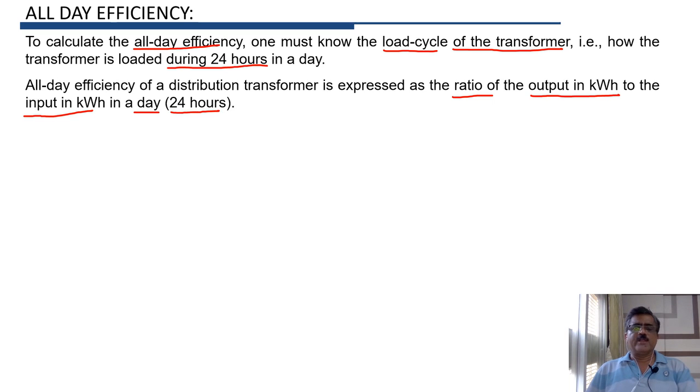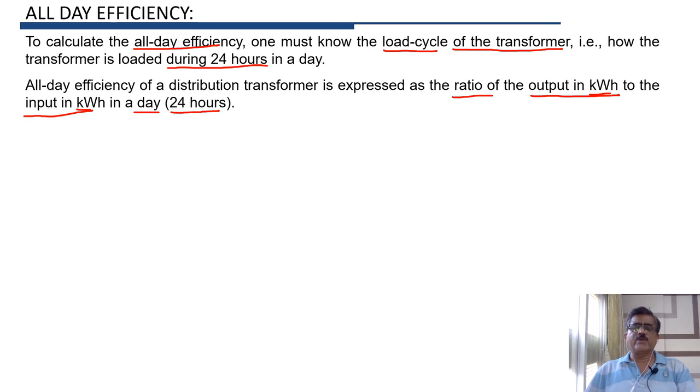Now, in ordinary or commercial efficiency, we use output in kW or output in watt, whereas the input is also in kilowatt or in watt. But here, instead of kW, we are using kWh, that is kilowatt hour.